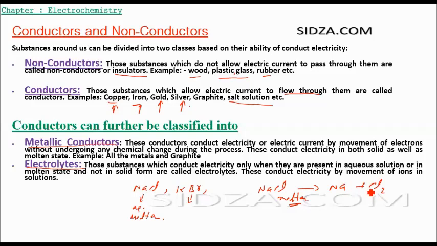So that means through electrolytes current passes, but at the same time a chemical reaction occurs in the substance. A chemical reaction here is irreversible. Once you pass the current through the electrolytes, you get new substances like sodium and chlorine.